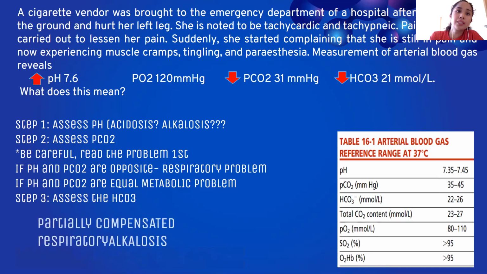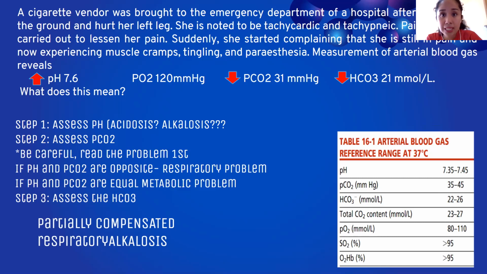Yan. So the answer is partially compensated respiratory alkalosis. It's partially compensated because class, your bicarbonate is not normal. Kung uncompensated itong sagot natin, dapat normal ang bicarbonate. So partially compensated kasi abnormal pa rin yung pH.